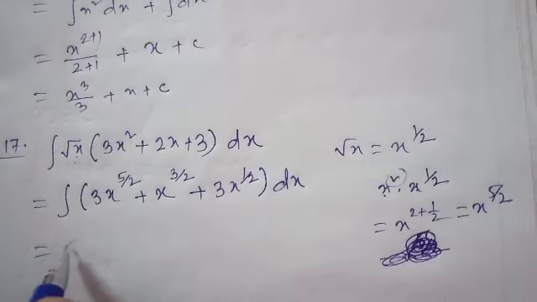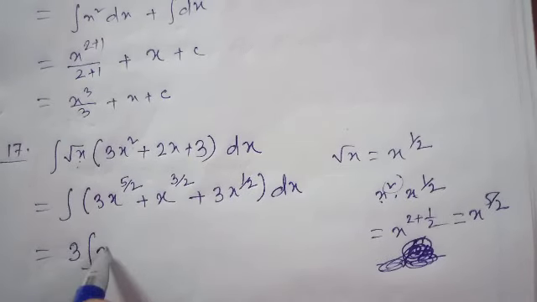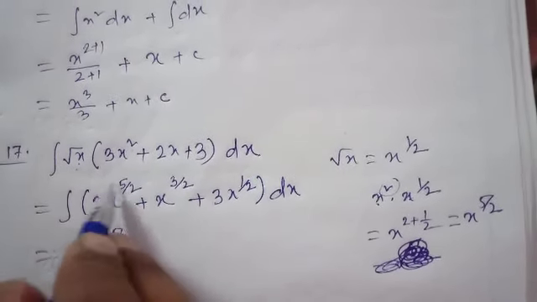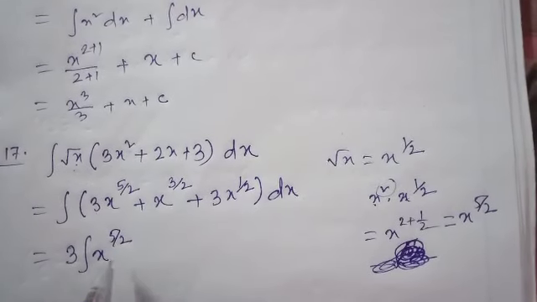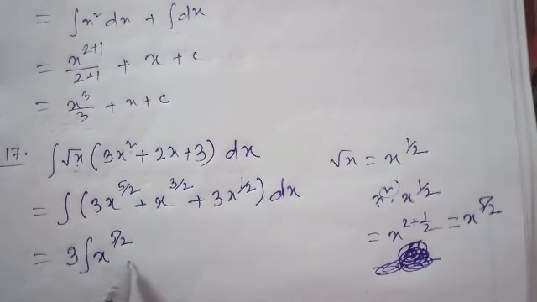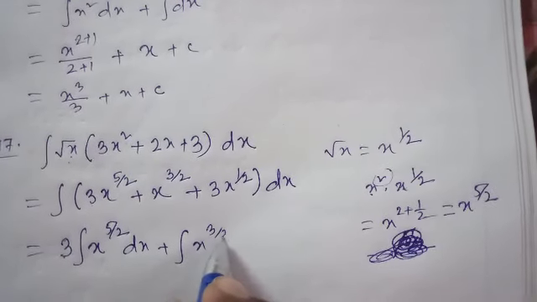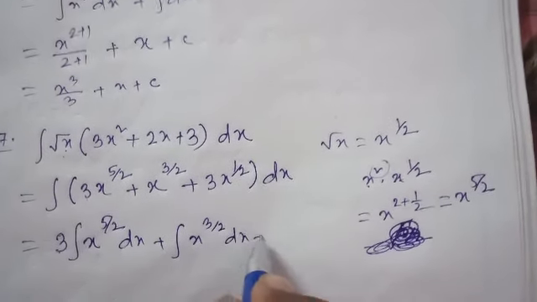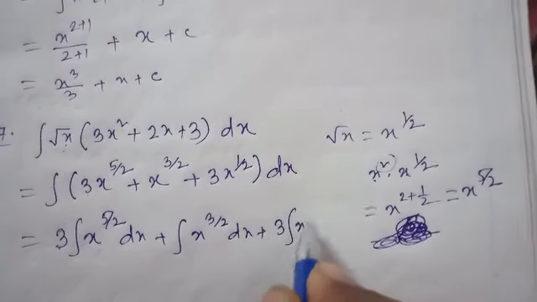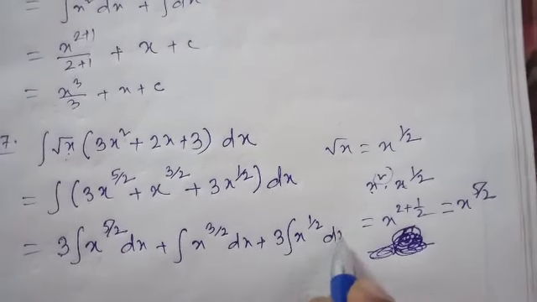So here directly you can write integration x to the power 5 by 2 dx, from the first term 3 is constant, that is why I already taken common, plus integration of x to the power 3 by 2 dx plus 3 into x to the power 1 by 2 dx.